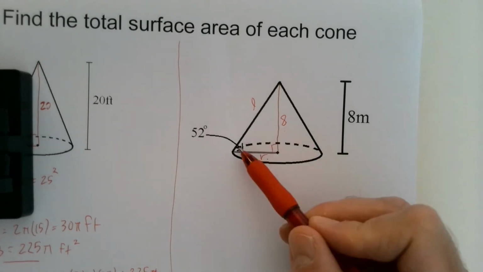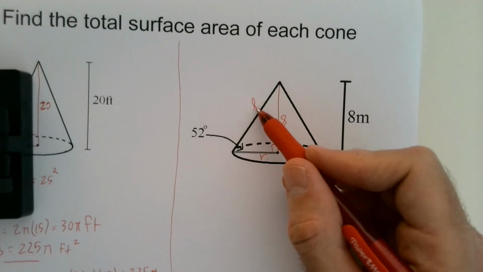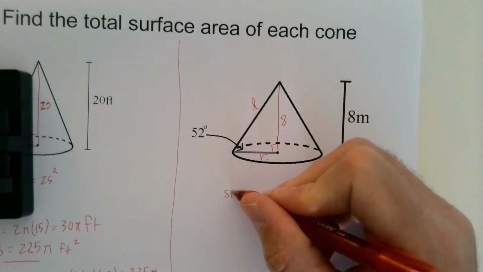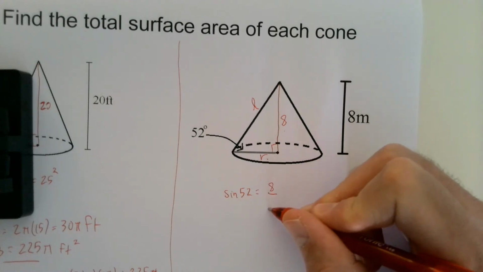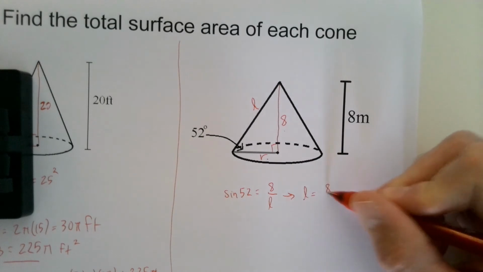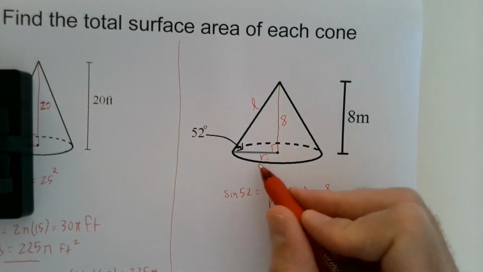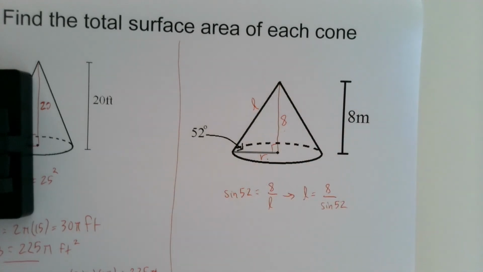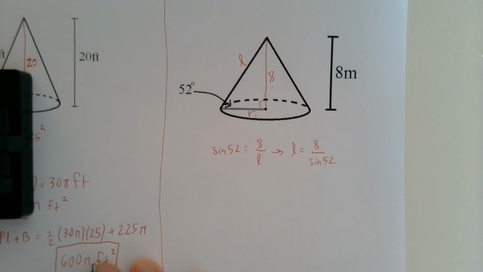I have the opposite, and I'm looking for the hypotenuse. So if I wanted to find L for slant height, I'd use a sine ratio. It's going to be opposite over hypotenuse. And if I'm looking for the radius, that's going to be a tangent ratio because I have the opposite and I'm looking for the adjacent.